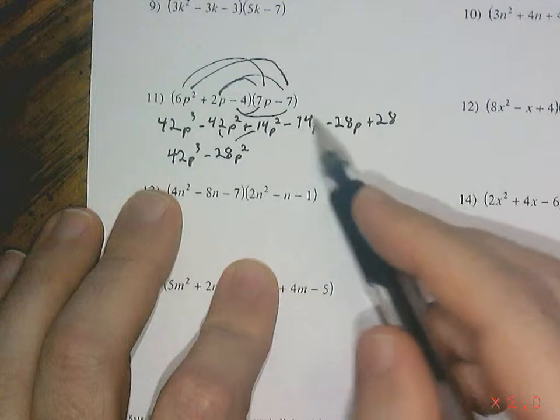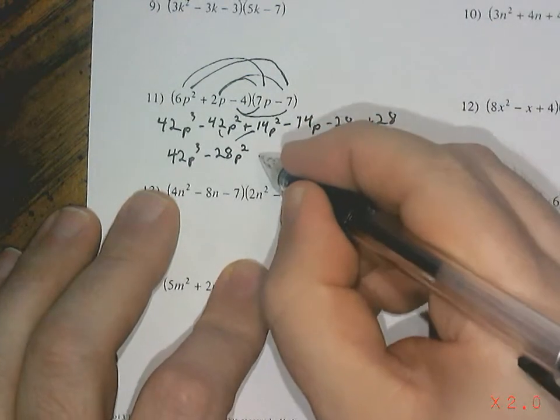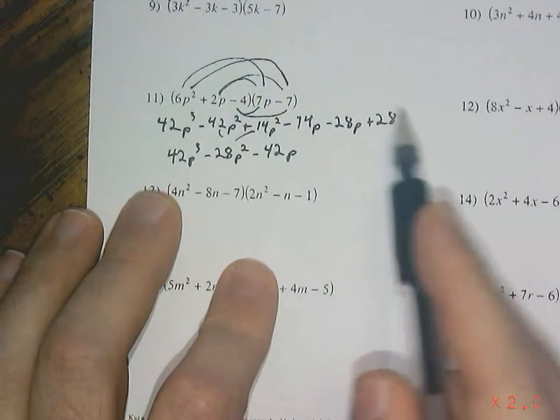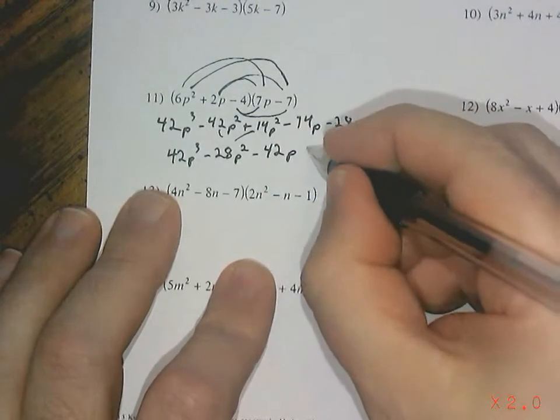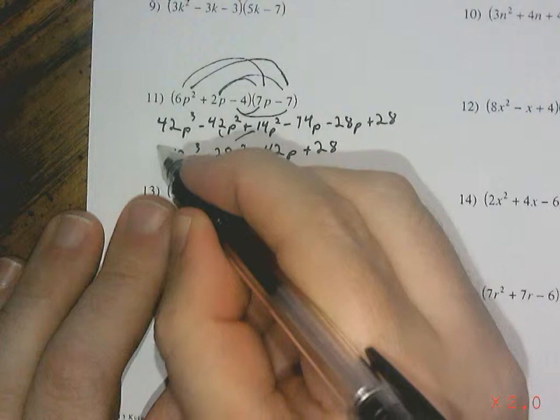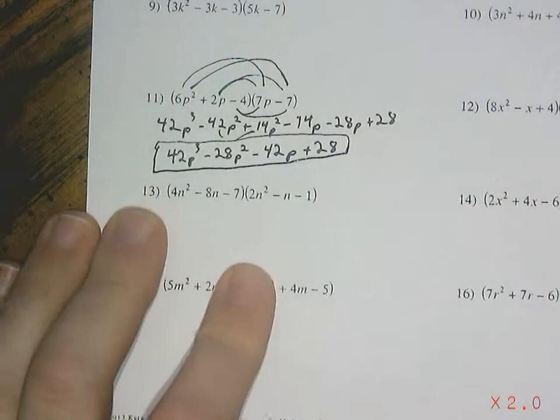Next, I've got negative 14p and negative 28p. So combine those, and I'm going to get minus 42p. And then I only have one constant, so plus 28. Okay, so that is as simplified as I can get, because none of these have the same exponent, so I can't combine anything else.